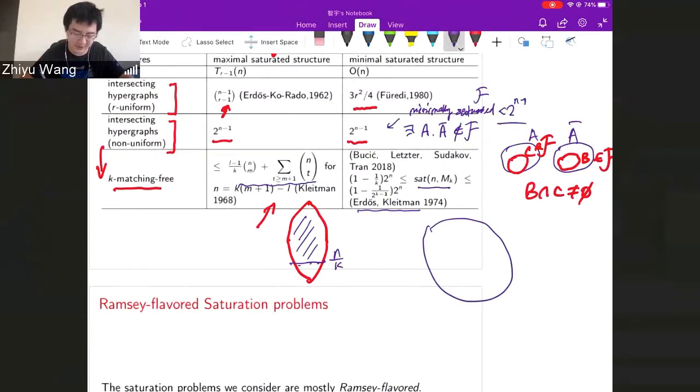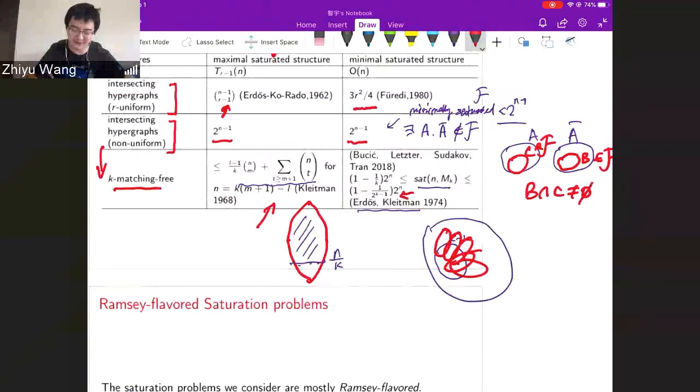We want to avoid k-matching, k pairwise disjoint sets. So maybe we can have k minus 1 elements reserved here, and then we take all the sets that intersect these k minus 1 elements in an arbitrary way. Basically that number is 1 minus 1 over 2 to the k minus 1, times 2 to the n.